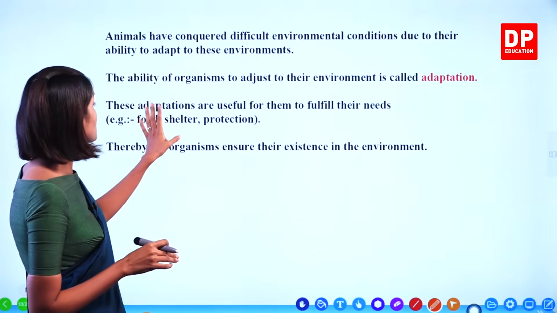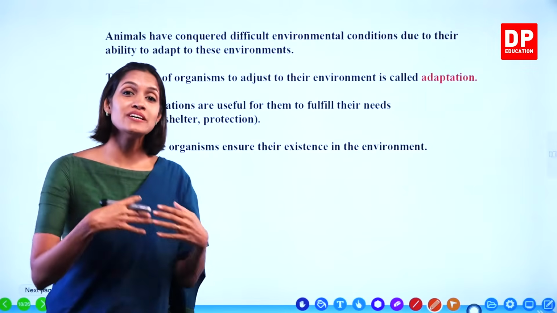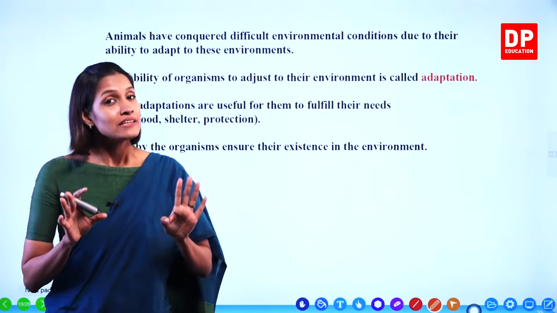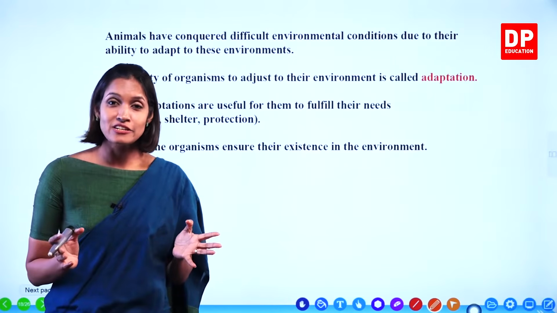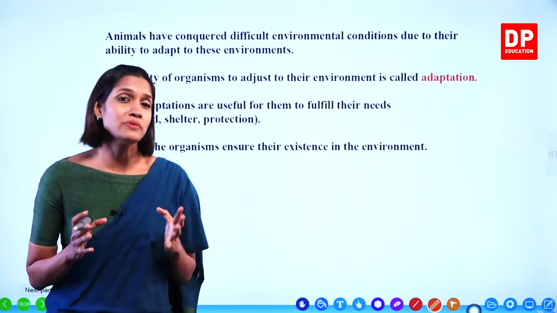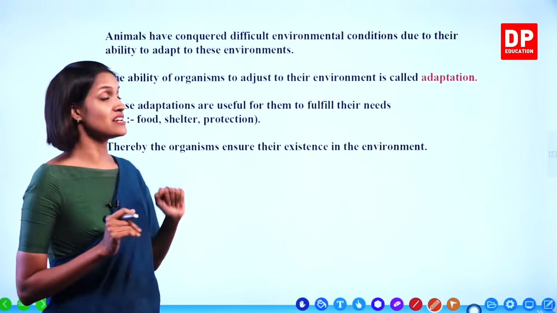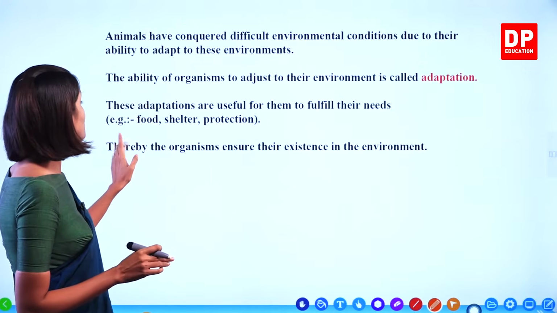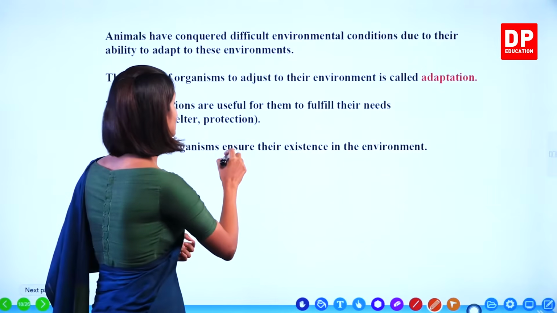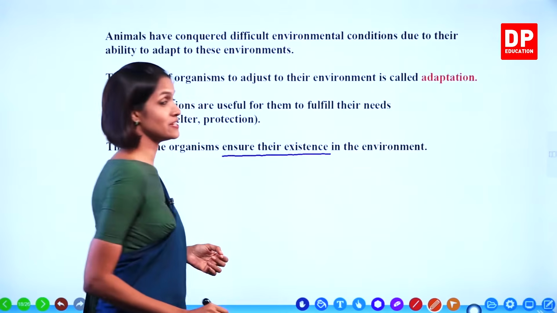So for food, for shelter, for protection, now I told you about that octopus. They inject that black ink. That is for the protection. Understand, children? So if you look into the animal world, you will find so many different features like this. Very interesting. Okay, children? So thereby the organisms ensure their existence in the environment.